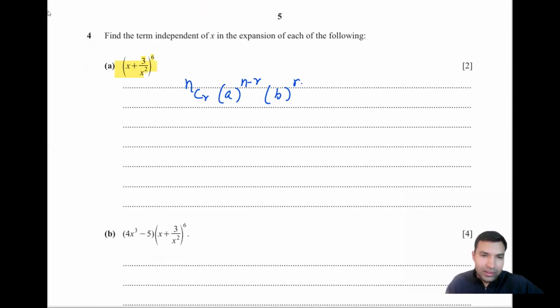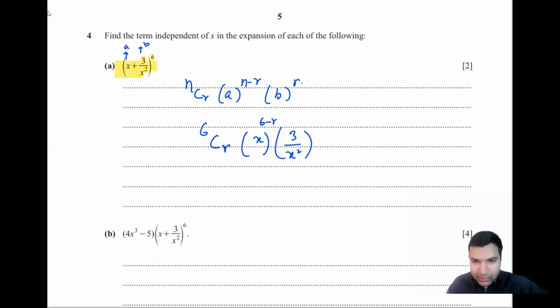Now n is 6, a is x, and b is 3 over x squared. So I'll plug in 6Cr, a is x, b is 3 over x squared. Here I should write 6 minus r, and here I should write r.